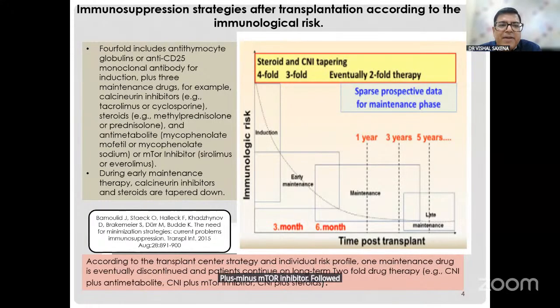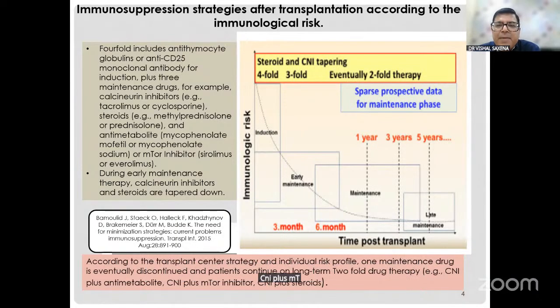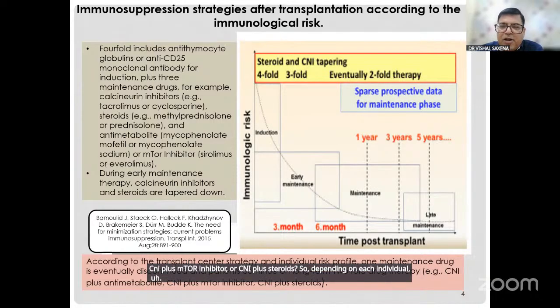Followed by early maintenance therapy, people started tapering down the CNIs and going on a double drug therapy. So, twofold drug therapy: either CNI plus antimetabolite, CNI plus mTOR inhibitor, or CNI plus steroids. Depending on each individual center protocol, people started using these therapies.